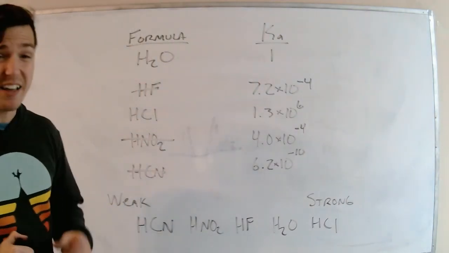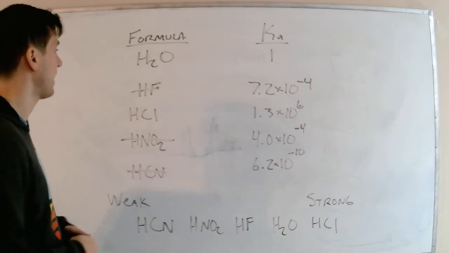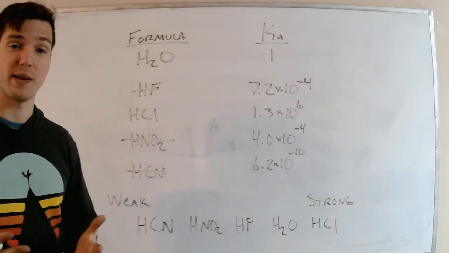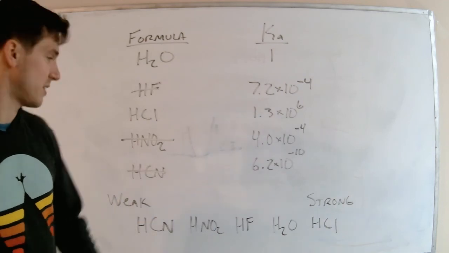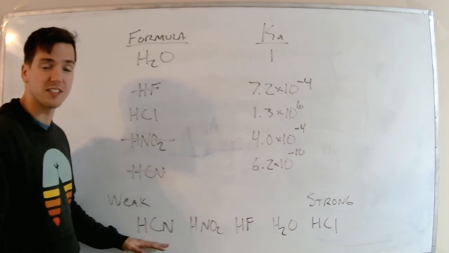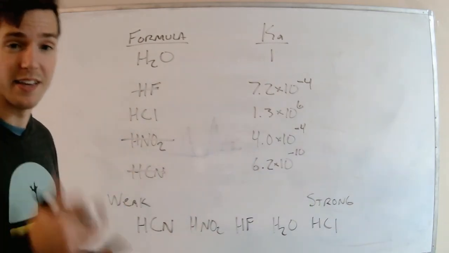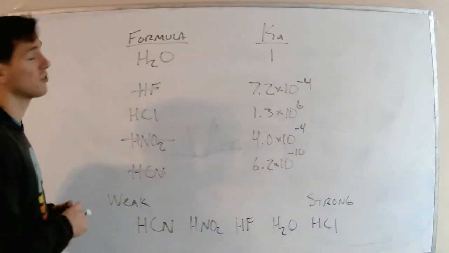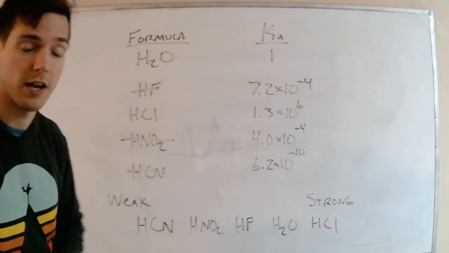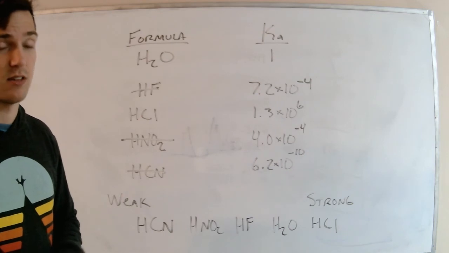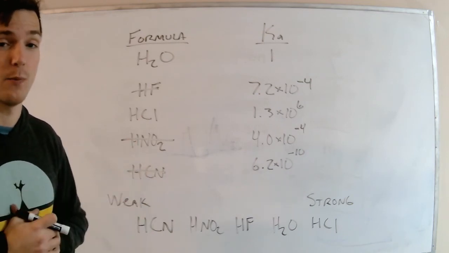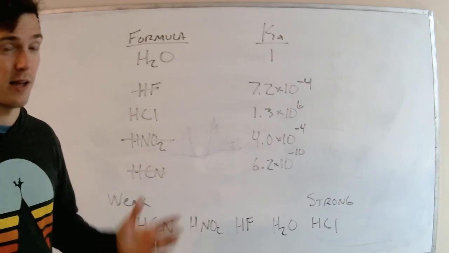And then if I asked you to rank these from weakest base to strongest base, it'd just be the opposite. This would be our weakest base, and this would be our strongest base. They work inversely, okay? So please understand that Ka reflects how strong an acid is. The higher the number, the more it dissociates, the more it's able to react with other ions.